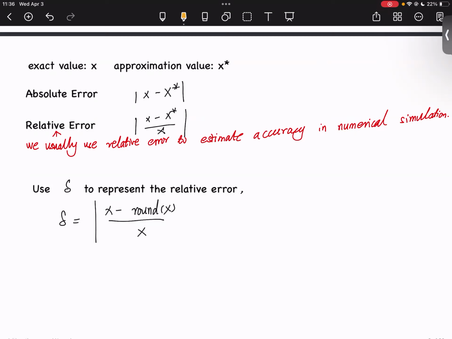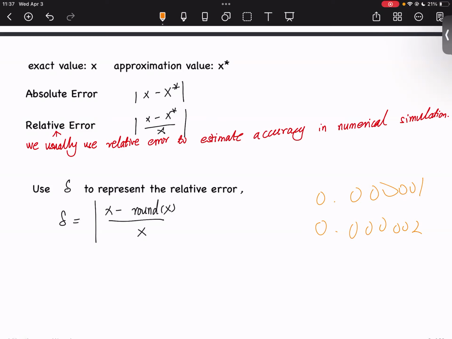value is really small, and maybe you are getting the number 0.000001, and this is the true solution. And if you have a number that is 0.000002, can you say the error is not notable because the error is just 0.000001?